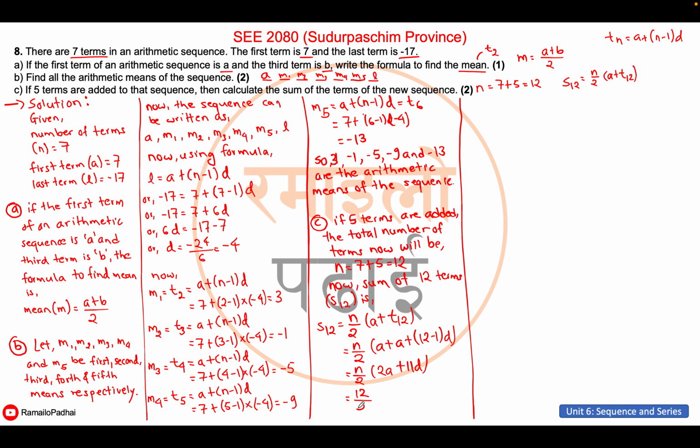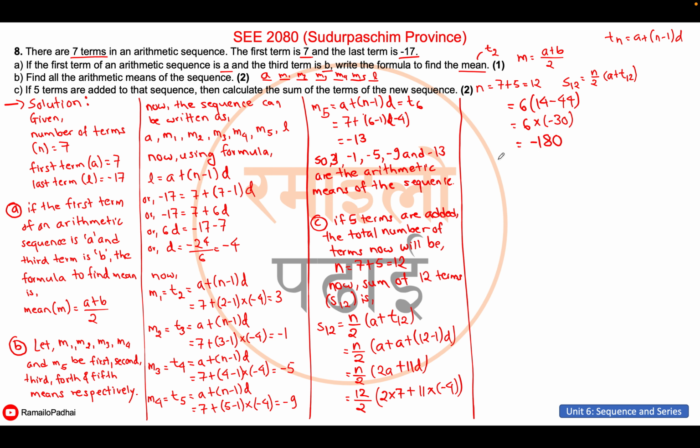n is equals to 12. So 12 by 2, A is equals to how much, 7 plus 11 times d is minus 4 is equals to 6, 7 times 2 is 14 minus 44 is equals to 6 times minus 30, and that is equals to minus 180.